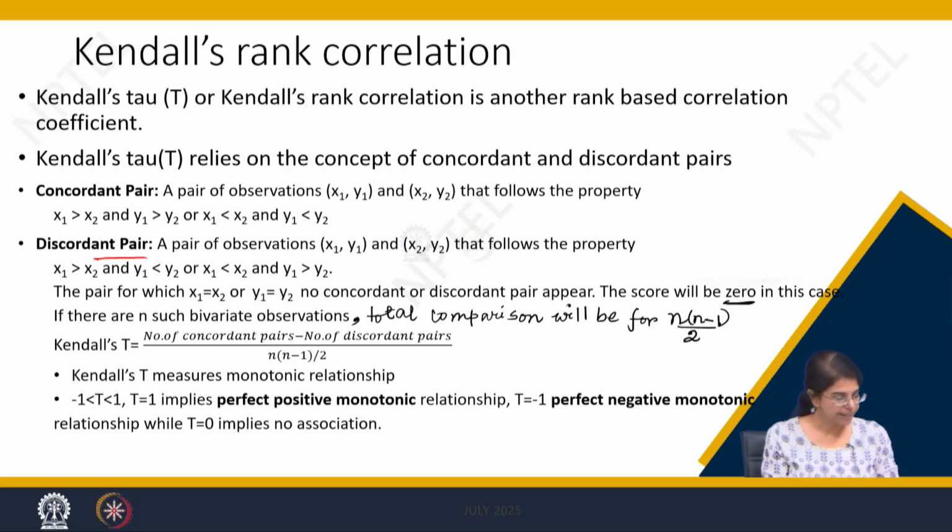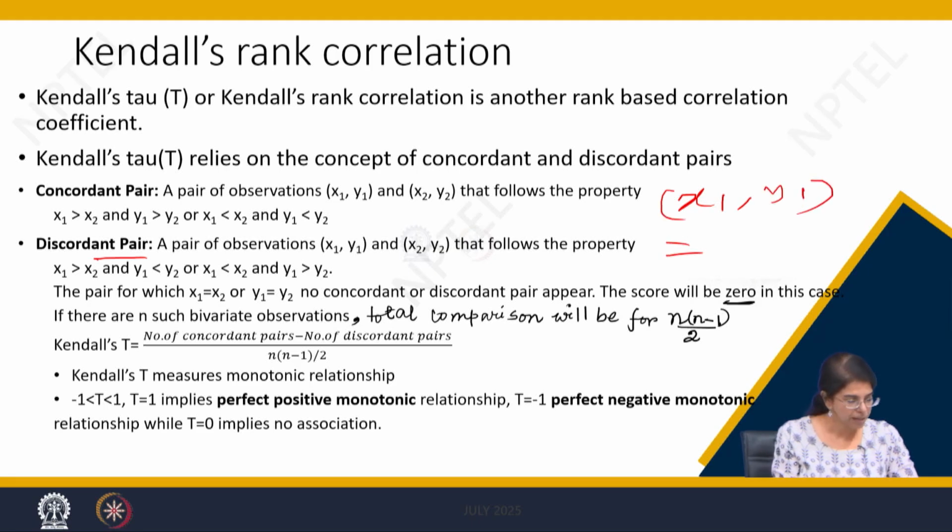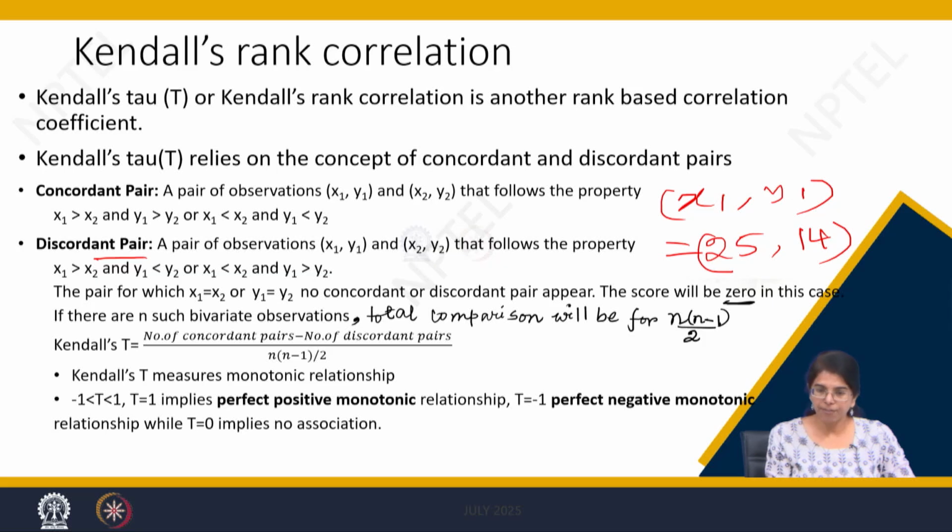Let us have one example, because doing that example, the concept of concordant and discordant will be clearer. Suppose your x1 and y1 are 25 and 14. So the value of x1 is 25, the value of y1 is 14, and your x2, y2, this is another pair, is 8 and 12.